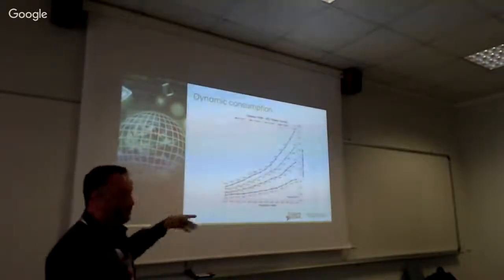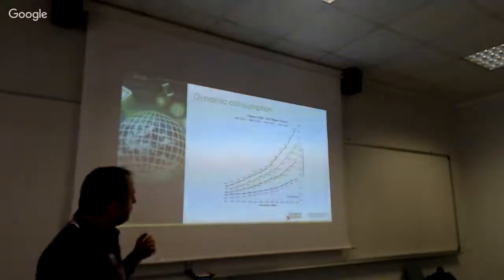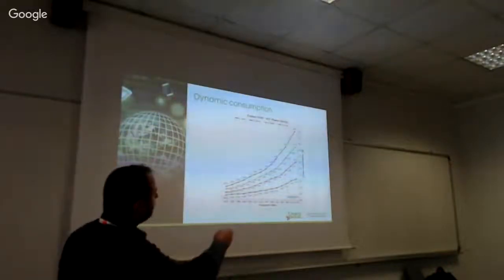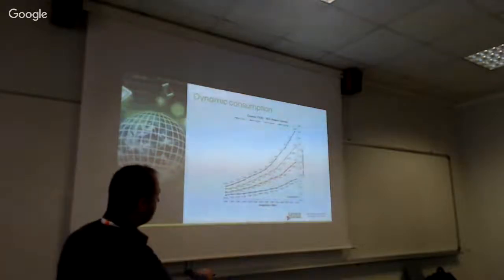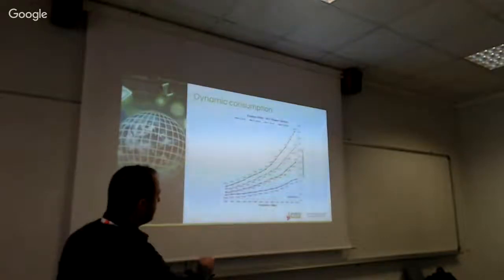This figure, you can find on the internet everywhere, gives you an indication. For example, in this figure the frequency is 1 gigahertz, and if we look at 2 gigahertz, the power consumed at 2 gigahertz is 4 times what we consume at 1 gigahertz.